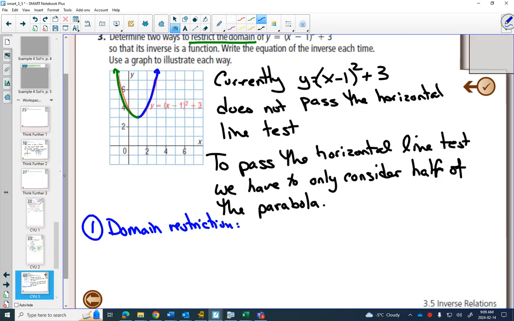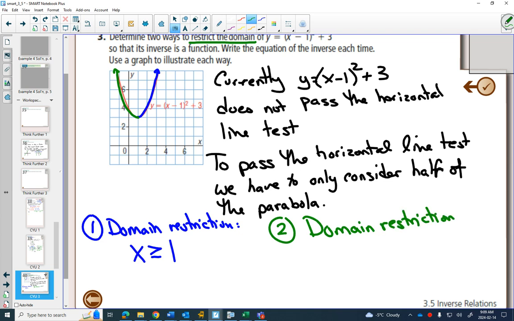Which x values are we using for our blue graph? In other words, what is the domain of the blue part? The domain restriction would be that the x has to be bigger than or equal to 1. And in the green, second one, the domain would have to be less than or equal to 1.